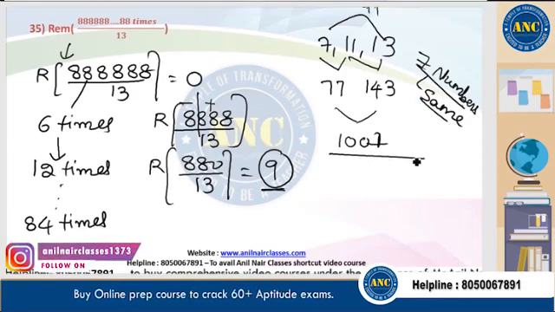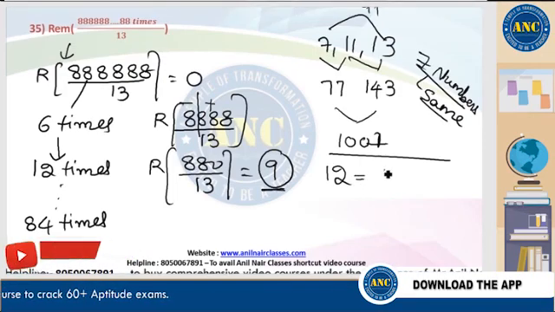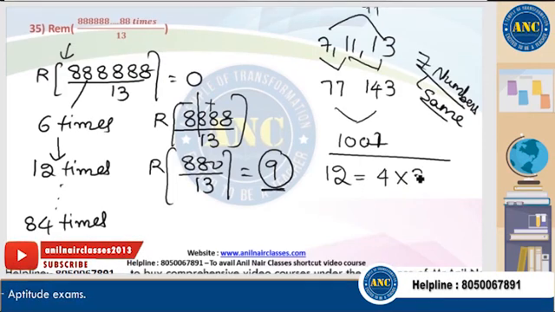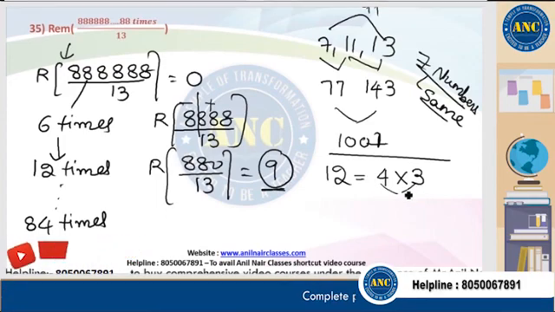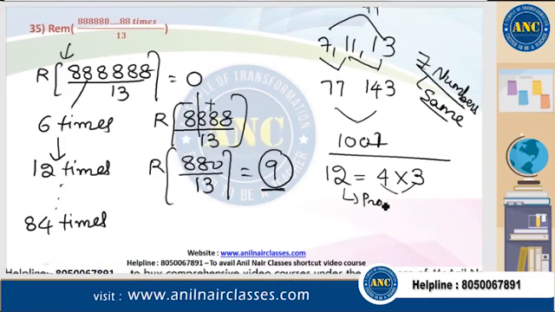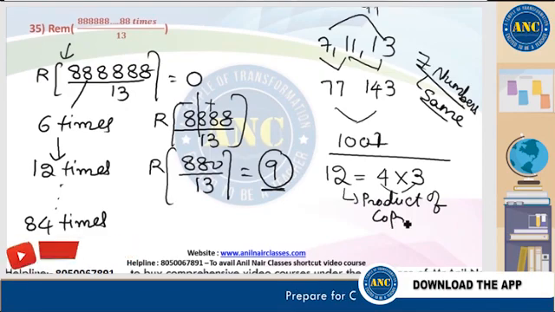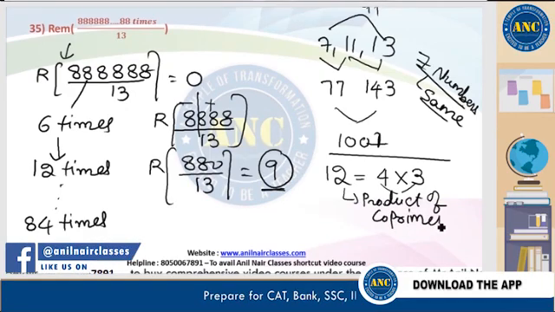Why will it be same? In our school days we have studied divisibility rule for 12 is nothing but divisibility rule for 4 and 3, because 4 and 3 are the only ways where you can write the number as a product of coprimes. 77 can be written as 7 into 11. Anyway, I will discuss in detail in Chinese remainder theorem. I hope it is clear.